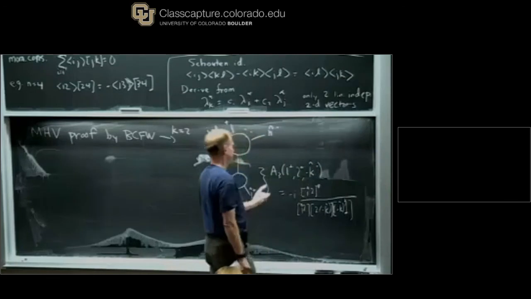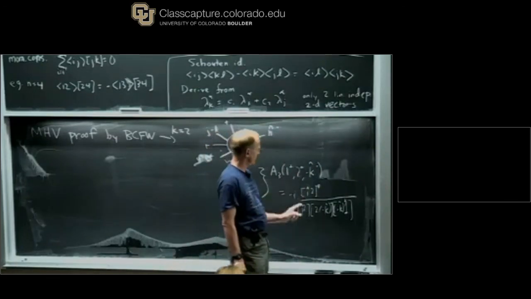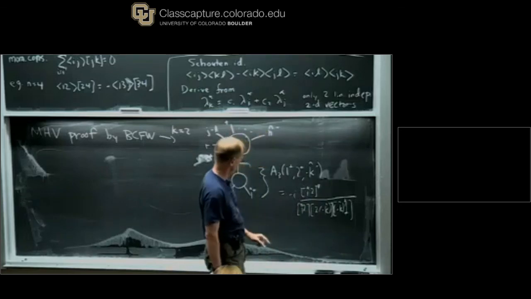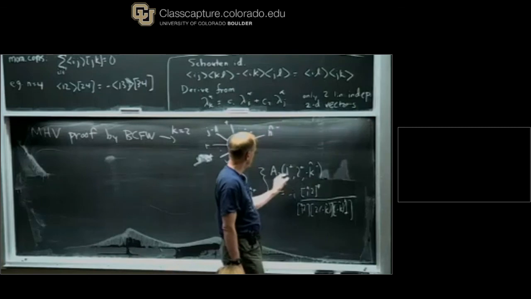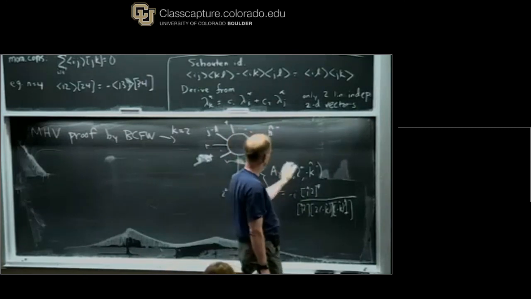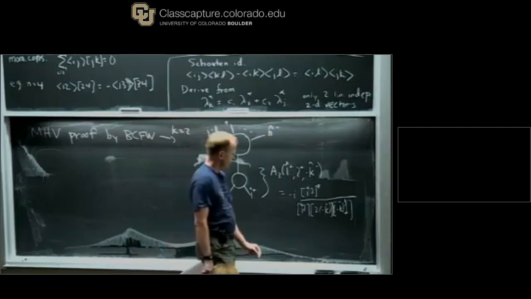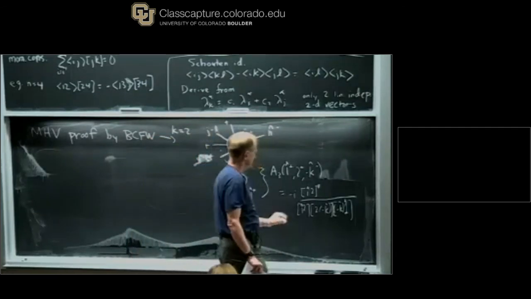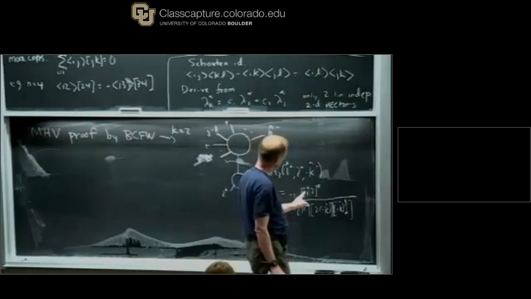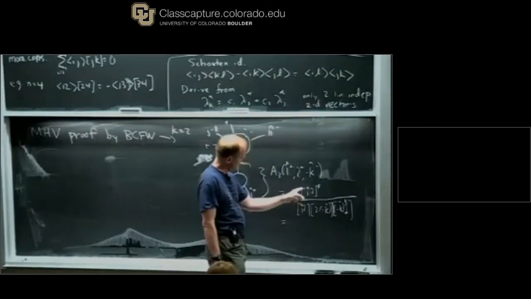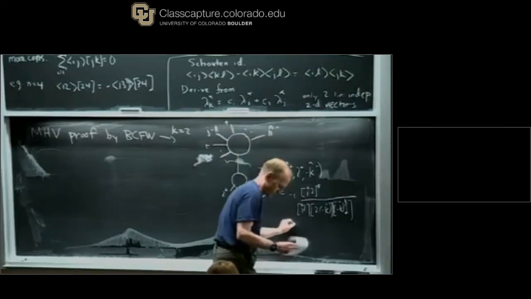All right. This is the 3-point formula that I wrote down before with 2 pluses and a minus, which has only square brackets in it. And it has sort of 4 powers up here. I have to plug in the shifted momentum 1 and the shifted momentum k hat. However, the shift of 1 is only in the angle bracket direction, the lambda 1, not lambda 1 tilde. So I can take the hats off the 1 everywhere.